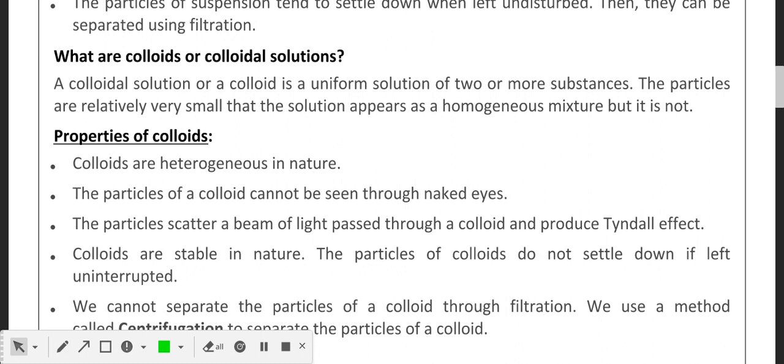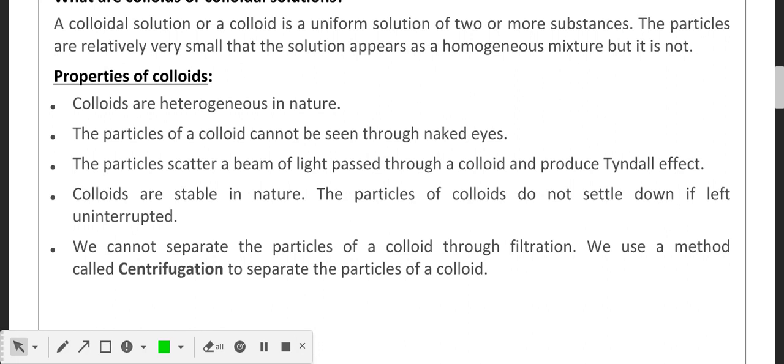So colloids are stable in nature. The particles of colloids do not settle down if left uninterrupted. So you can see that those particles are not settling down on their own, whether they are left uninterrupted or not.